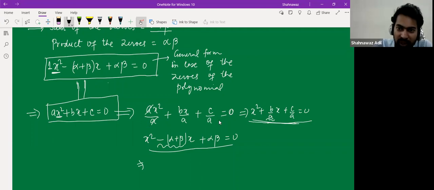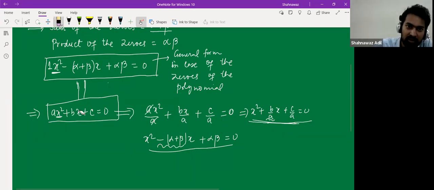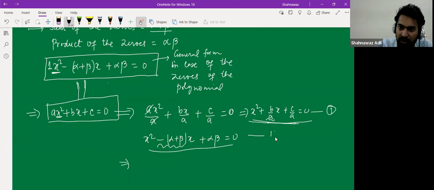So when you compare the coefficients here, the coefficient of x is what? Let's say this is equation 1 and this is equation 2.